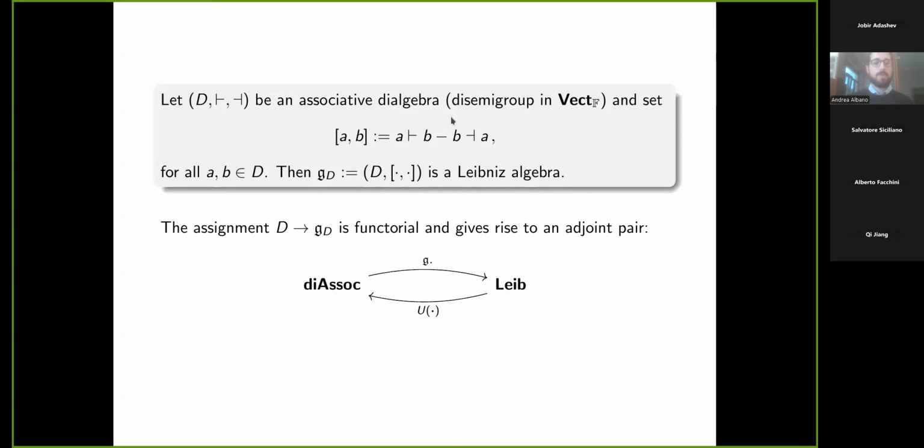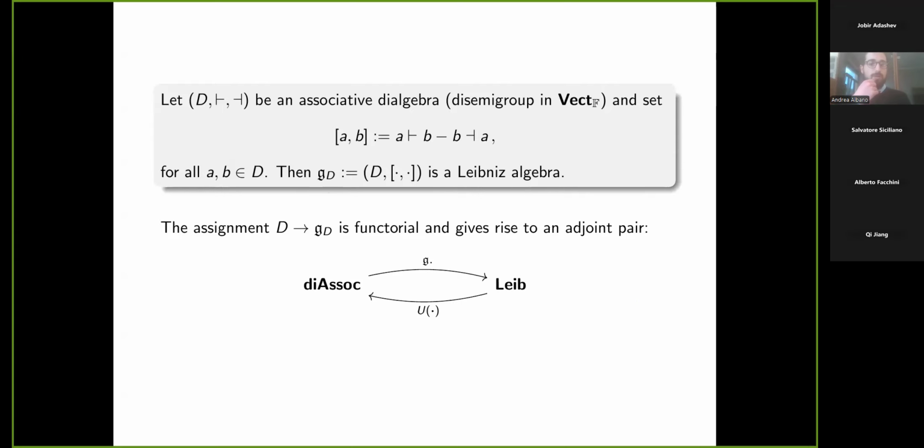For example, if we take an associative di-algebra, which is just a di-semigroup in the category of vector spaces over some field F, and if we define a bracket in this way, then it's not very difficult to show that what you get is a left Leibniz algebra.